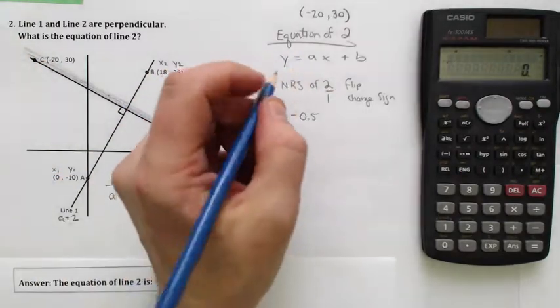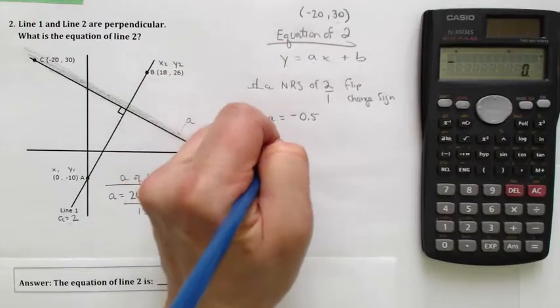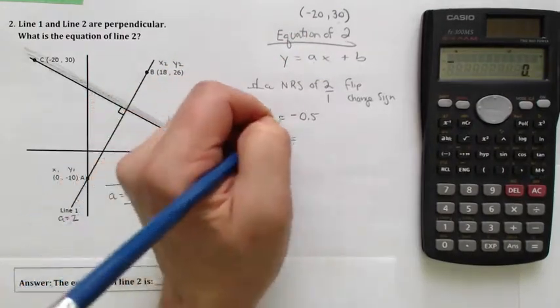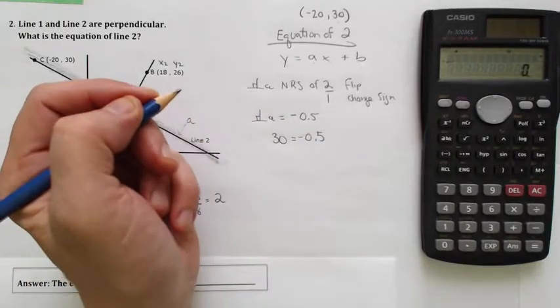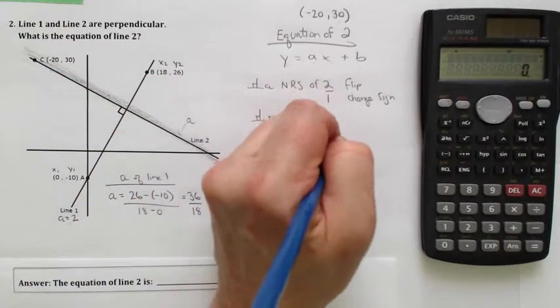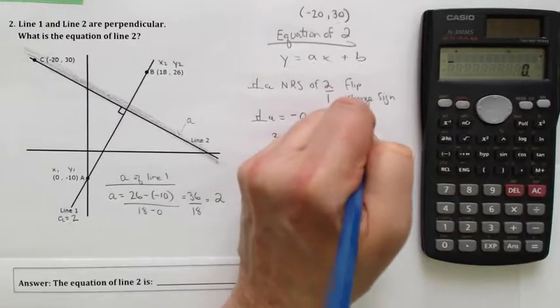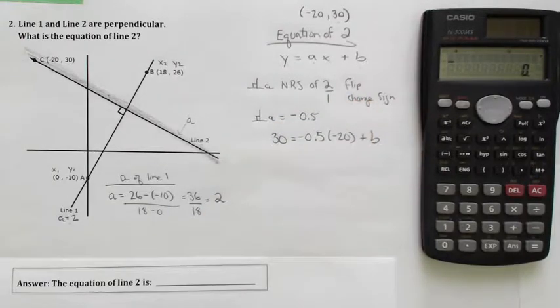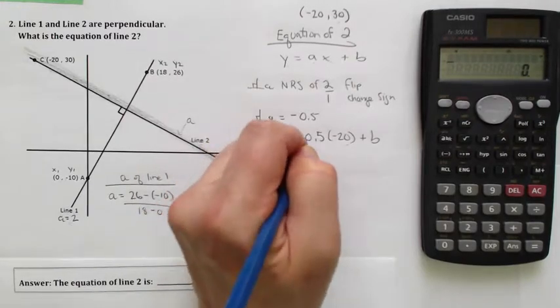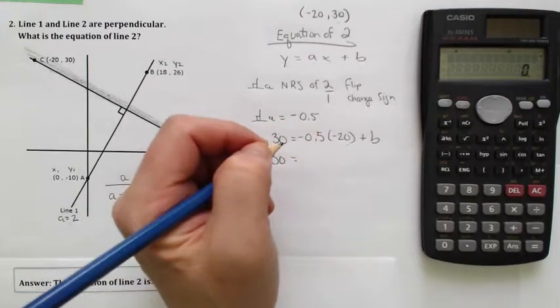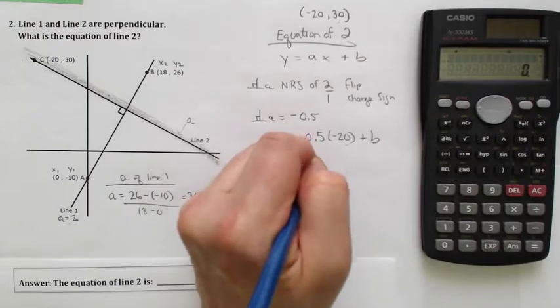So y, 30, is equal to a, negative 0.5, our negative reciprocal of 2, times the x, which we know is negative 20, plus b, right, as always. And so we're going to simplify this part right here. I get 30 is equal to negative 0.5 times negative 20, which is positive 10.